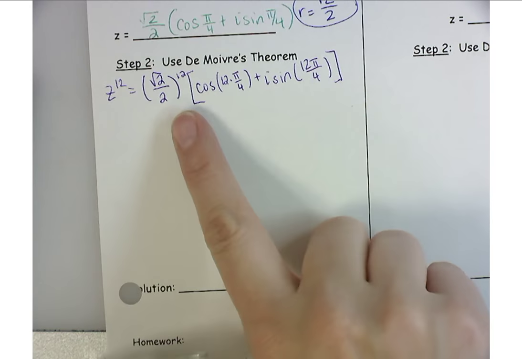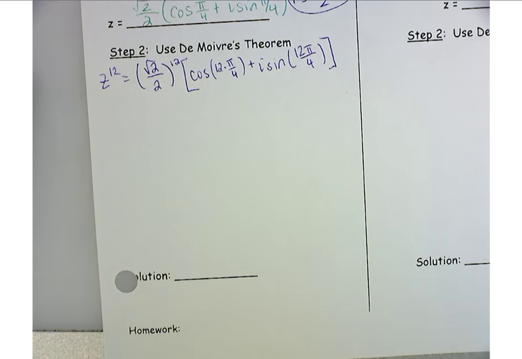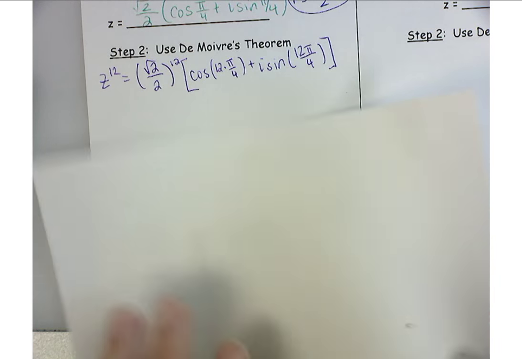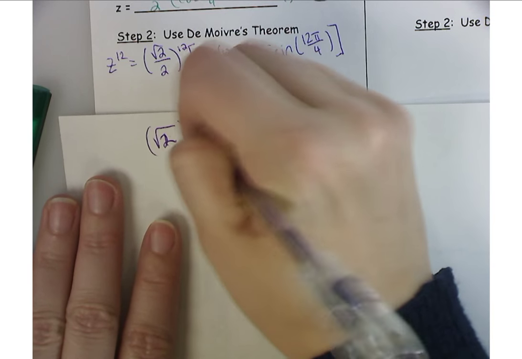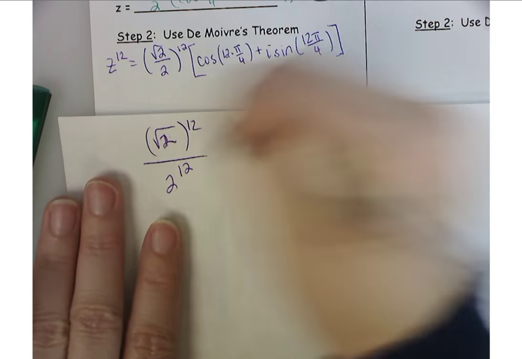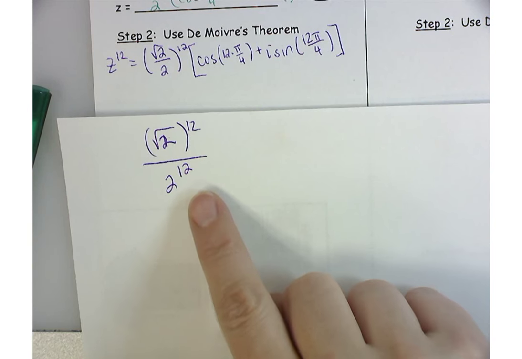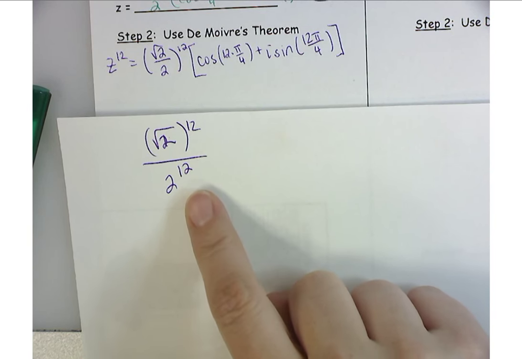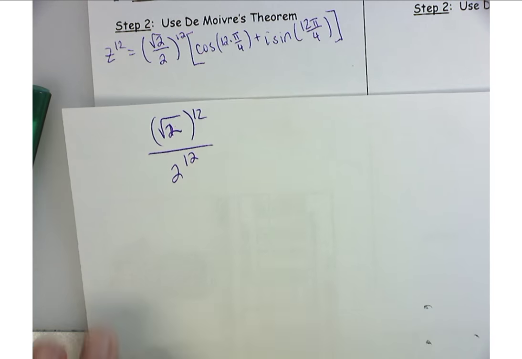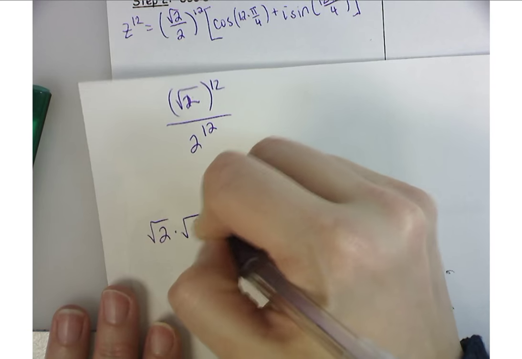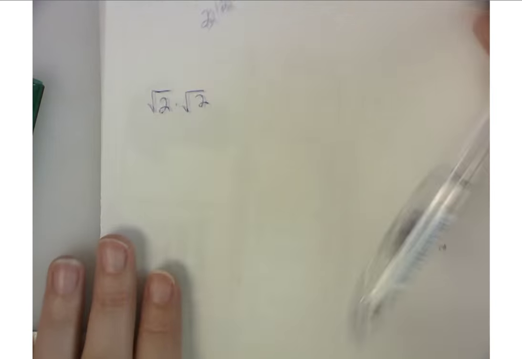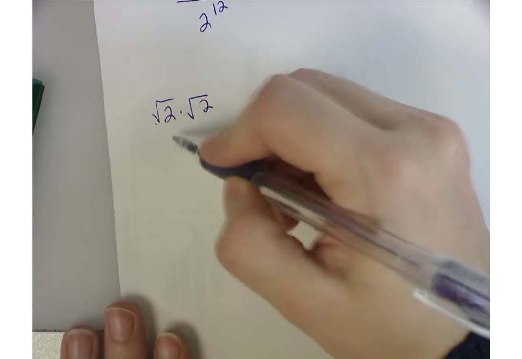Okay, so I am going to simplify. So when I'm simplifying here, I have root 2 over 2 to the 12th. So I can do root 2 to the 12th power over 2 to the 12th power. Now you are going to be able to use your calculator for these, but I want to show you how you can do it without it. So if you have root 2 to the 12th, that's going to be the same as what? It will be 2 to something, but it won't be to the 10th. So root 2 times root 2 is what? 2.